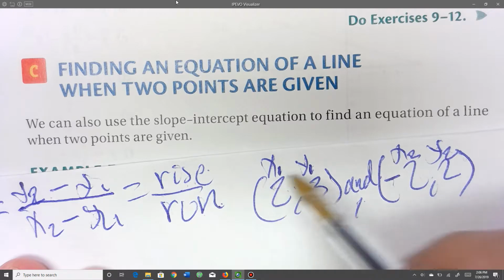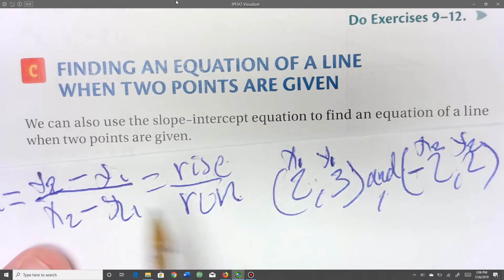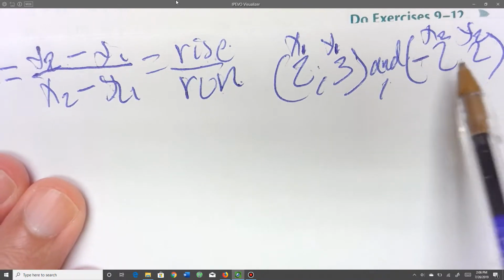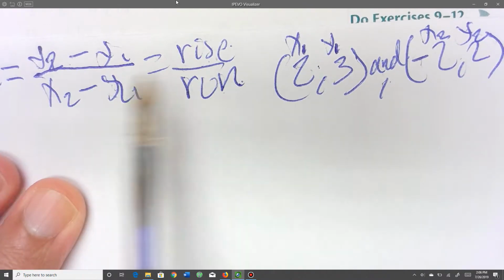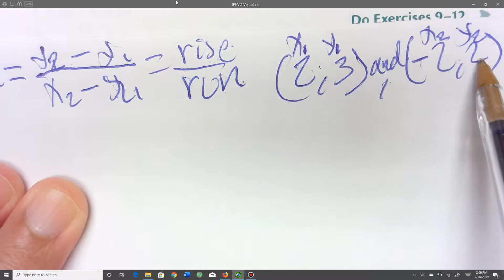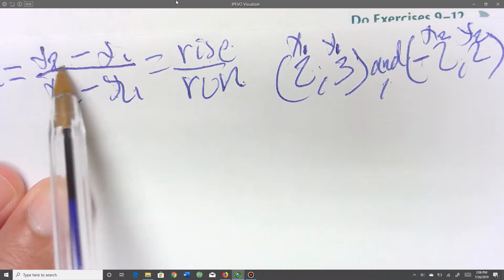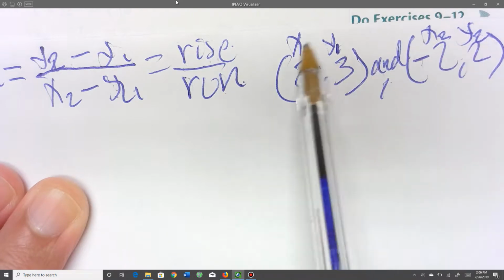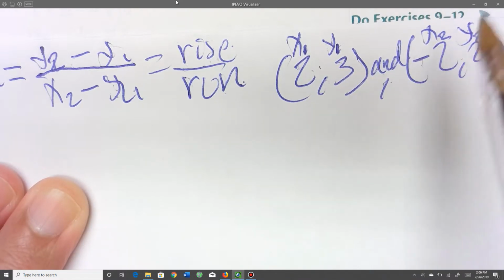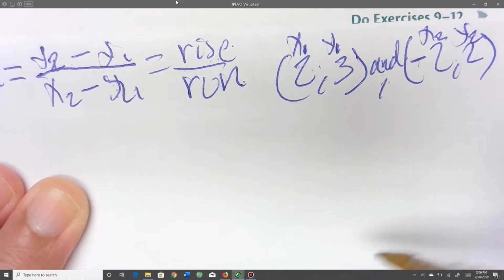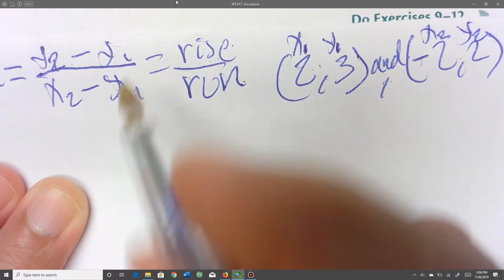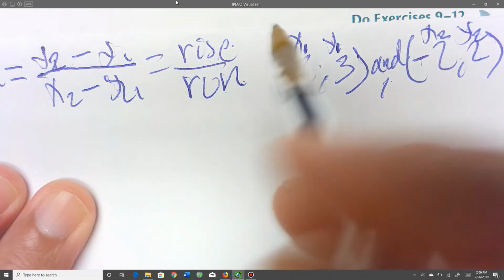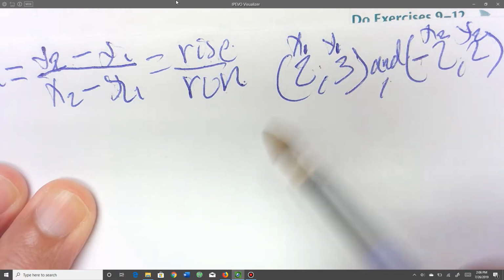These are my ordered pairs. Now I can move these values into the equation, substitute them easily because I now have them labeled. That's good practice. You need to do this as many times as you need to, or else you're going to make many mistakes here.